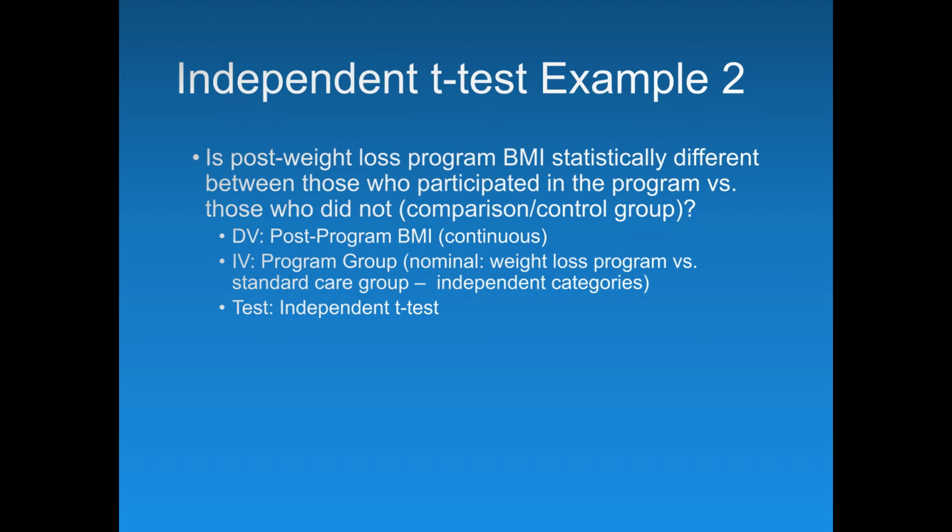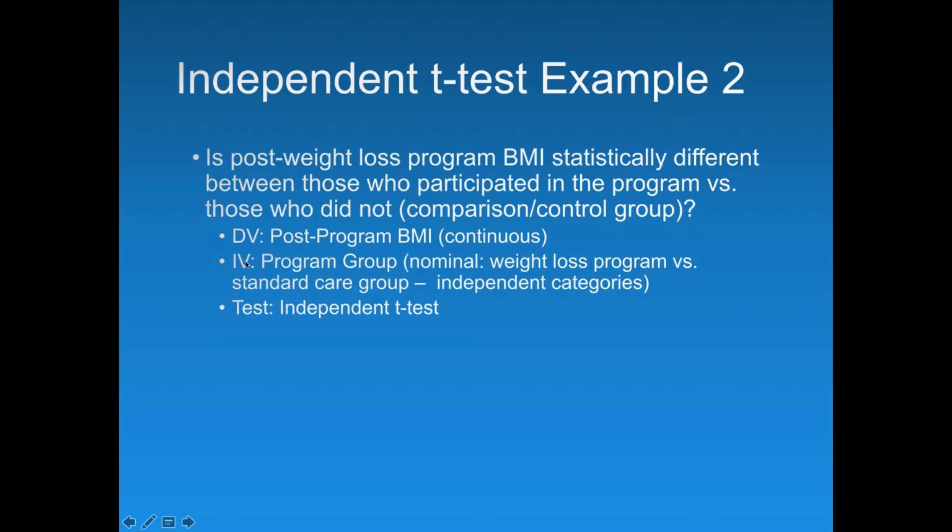Anyone? BMI, because it is what we're looking for. Then the IV is the program group, because we want to compare the difference in that DV, BMI, between the people who participated, group 1, and the people who did not participate, group 2.